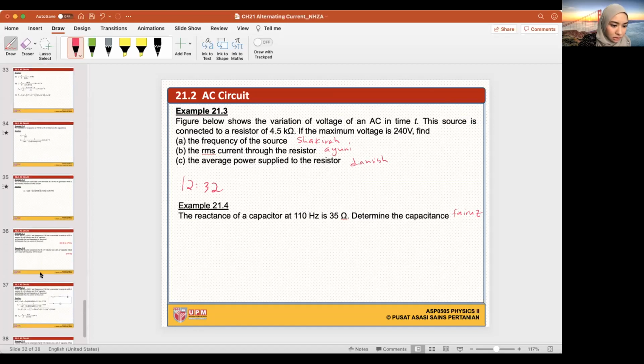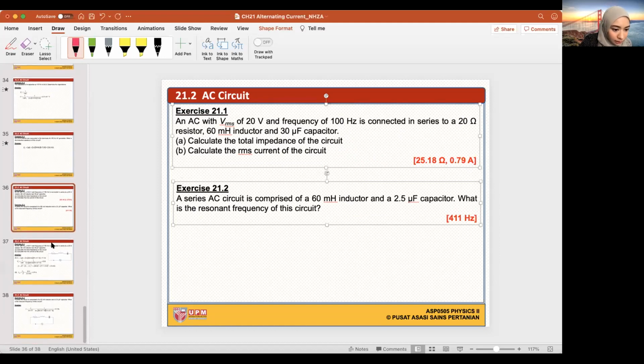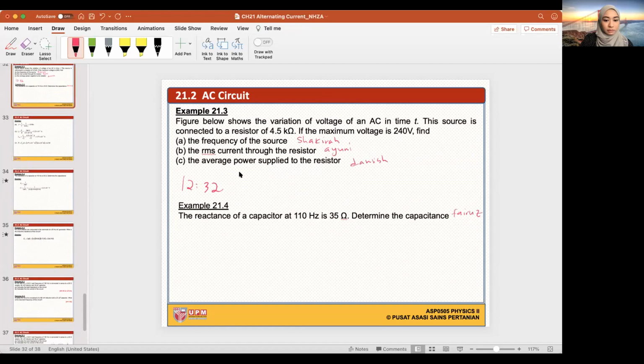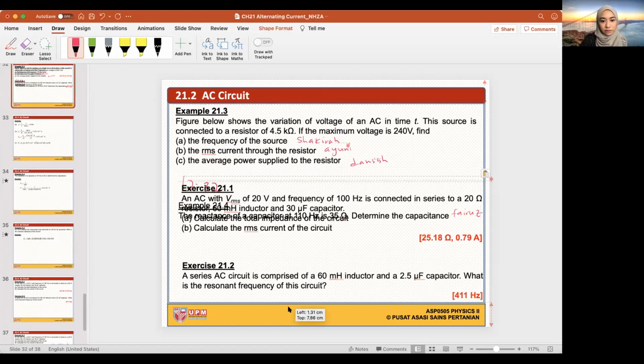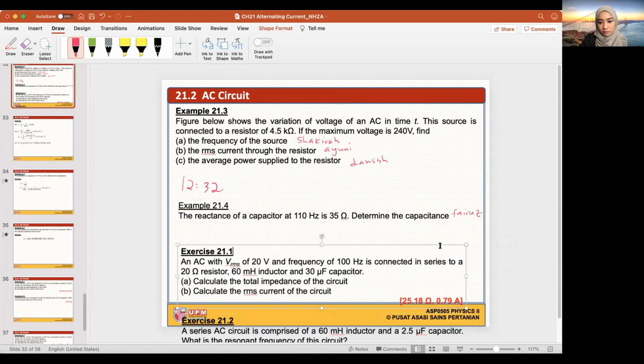Okay, 10 minutes for you as well. And then this one. Sekejap nanti saya tunjuk balik soalan tu. Okay. Ada lagi tak? Oh, ada lagi satu.